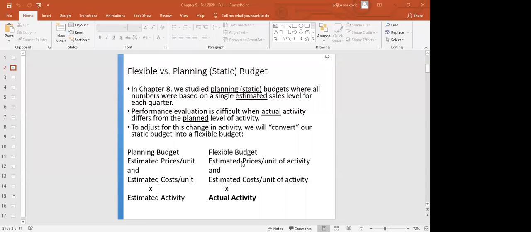If we use these same estimates, functions from our planning budget, $10 per pound, $15 per hour for the worker, fixed cost for electricity is $7,000, etc., in the flexible budget, but then multiply by actual activity, then we will see what the numbers are, right?